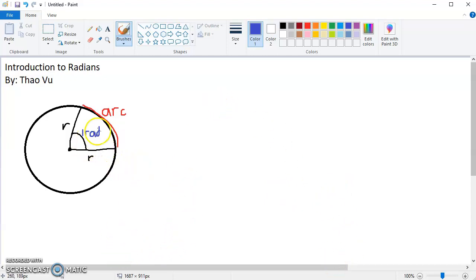And so since that is 1 radian, we do know that in a full circle there is 360 degrees.